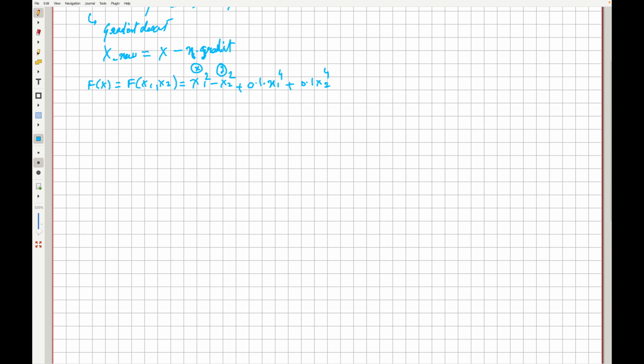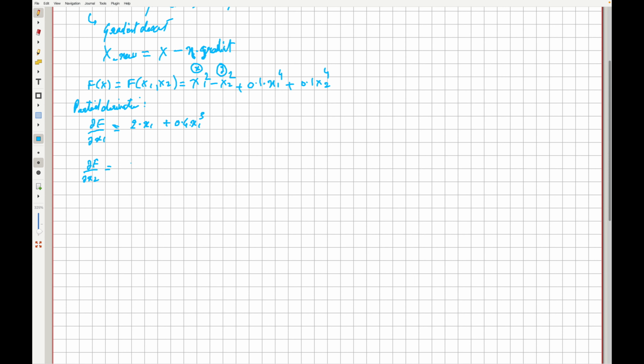Now let's compute the partial derivatives of this function. We differentiate this with respect to x1 first, then we differentiate the same thing with respect to x2. When we differentiate with respect to x1, this becomes 2x1, this term goes away, and this term right here stays, so we have 0.4 x1 cube.